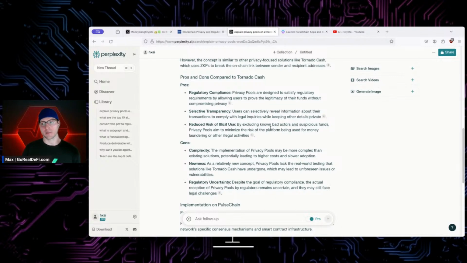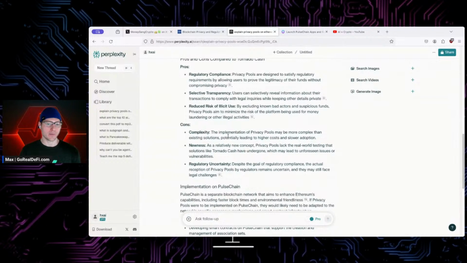Instead of treating everyone who uses this as bad, if you can separate the different transactions or wallets from that, then all of a sudden, maybe the actual bad actors, however that's defined, won't want to use it because they know they can't just hide with everyone else. So I think that's another use case it enables. So it minimizes the risk of the platform being used by that stuff.